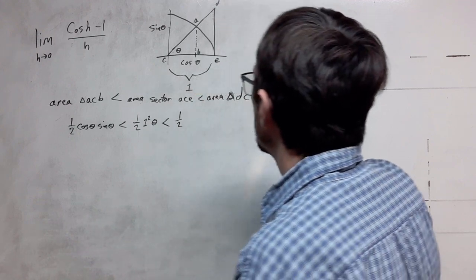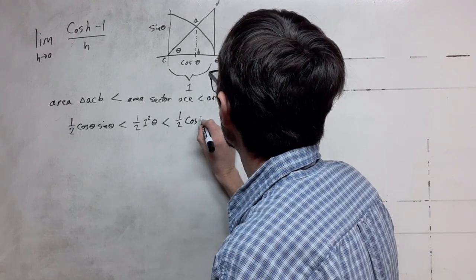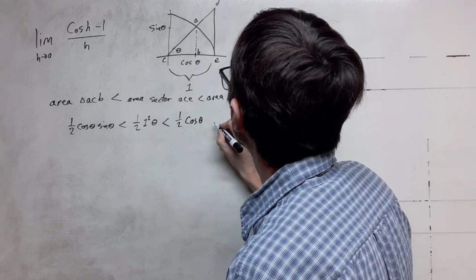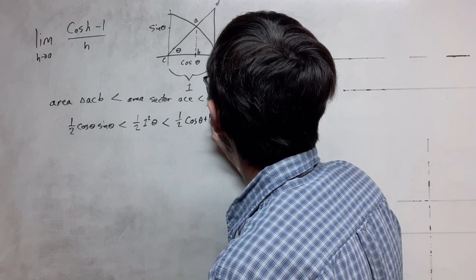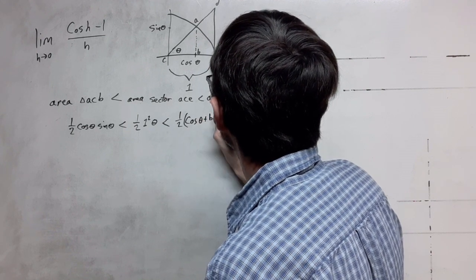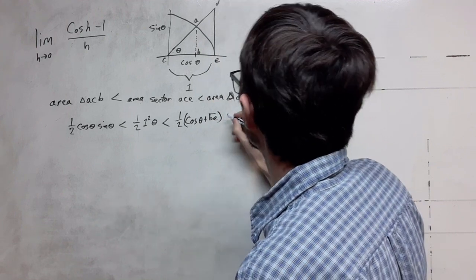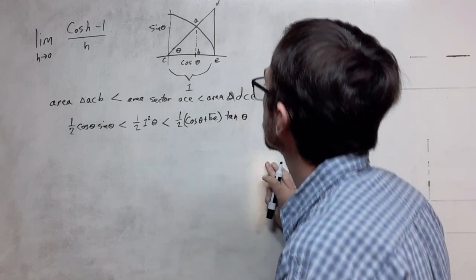The base of this is cosine theta plus this segment BE, and then that is multiplied by this height, which is the tangent of theta.